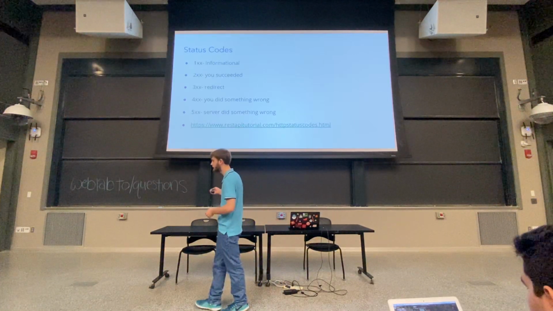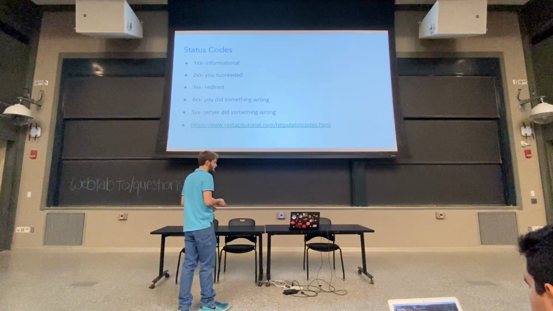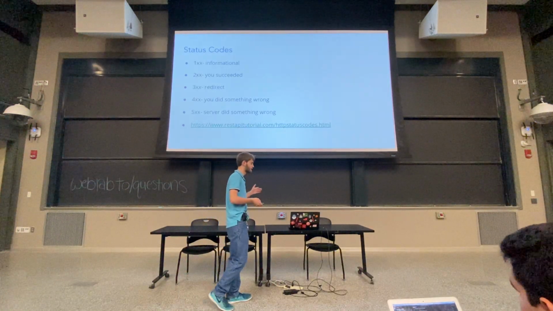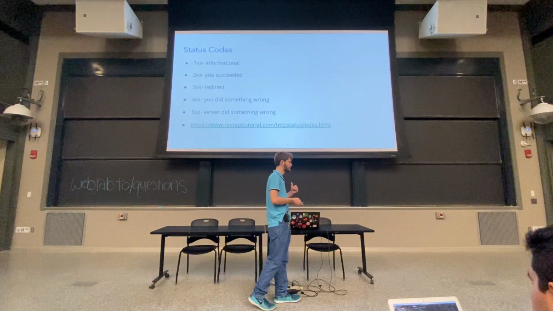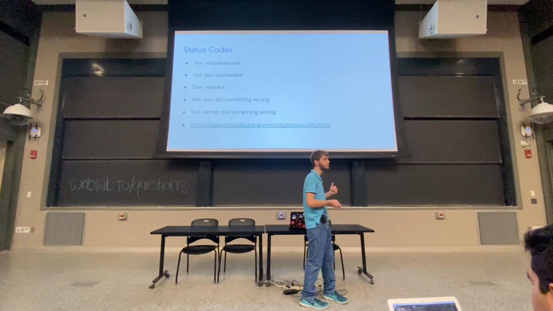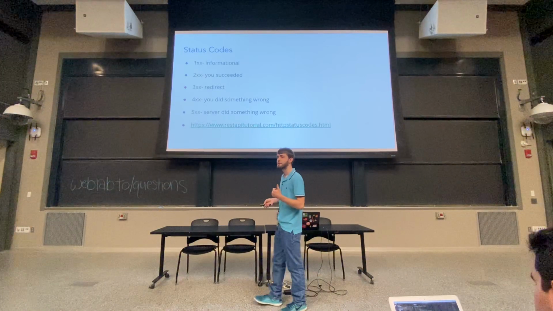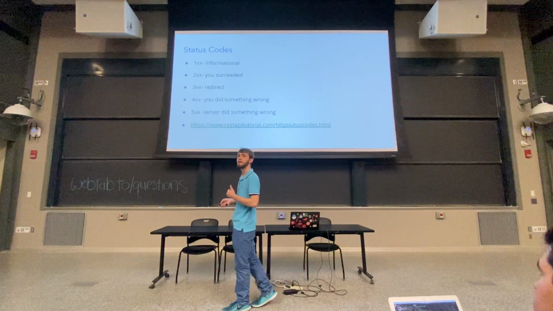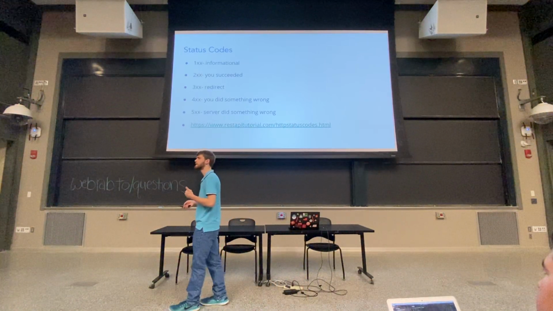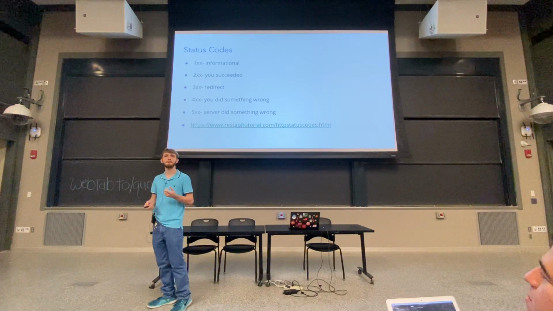And of course, there are a few other lovely status codes that are listed there, including a few meaty ones. Twitter has created the status code 420, enhance your calm. There's also the status code 418, I'm a teapot.